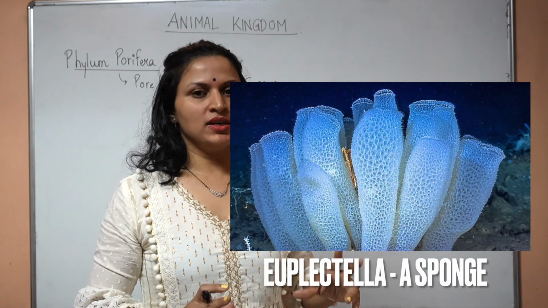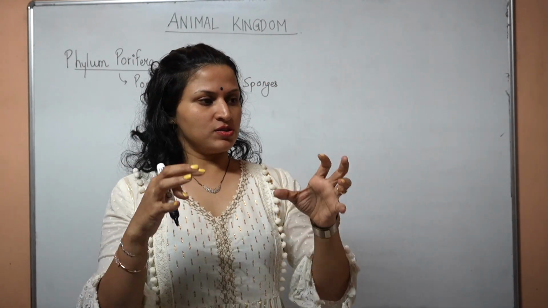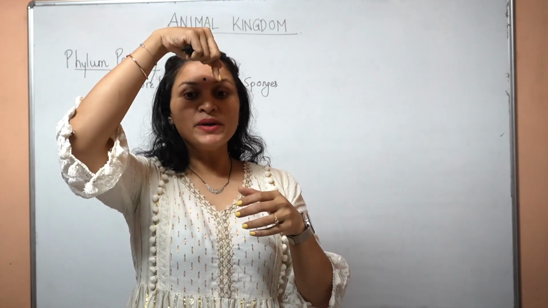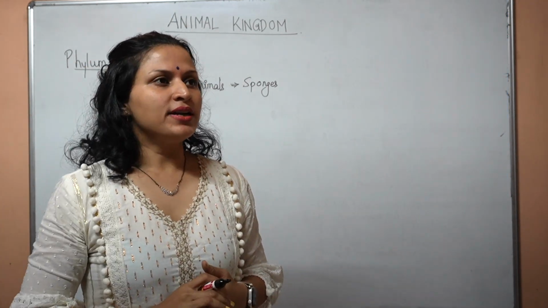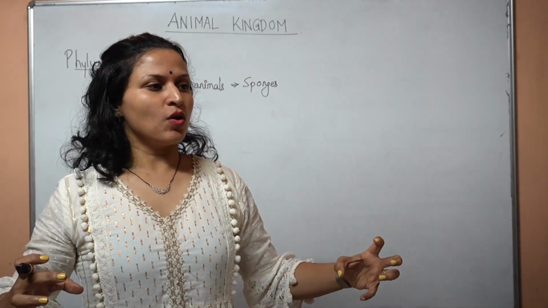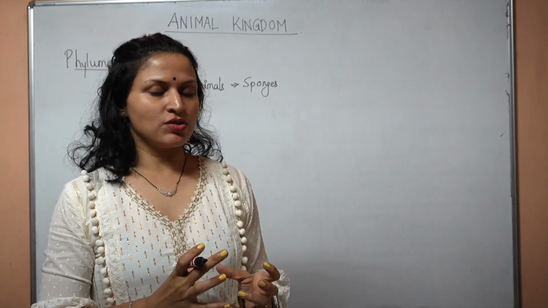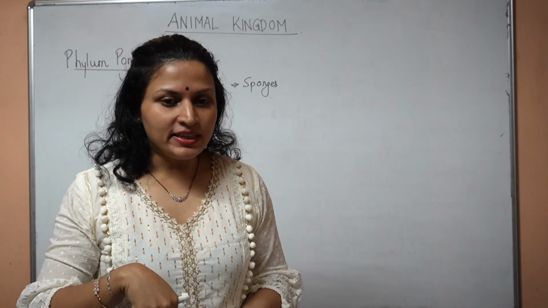If you look at their body, it will look like a vase-like structure with pores all over its body and a peculiar bigger hole on top. Every sponge will have this kind of a hole on top. What it does is it will absorb the water through all these pores on its body, and there is a cavity inside.